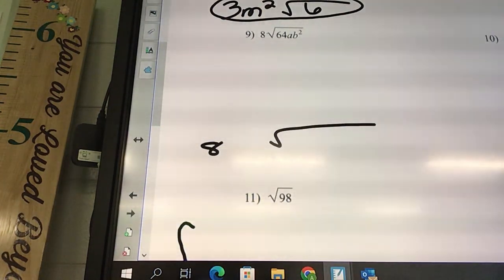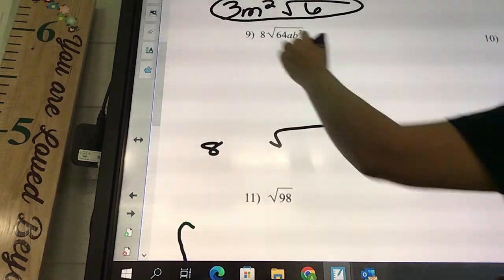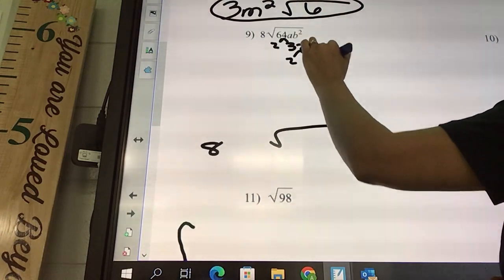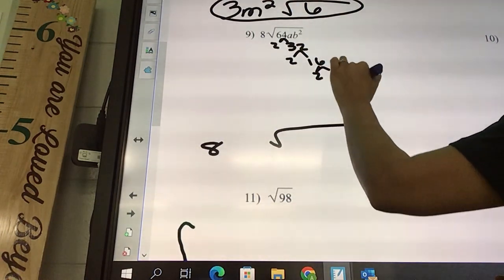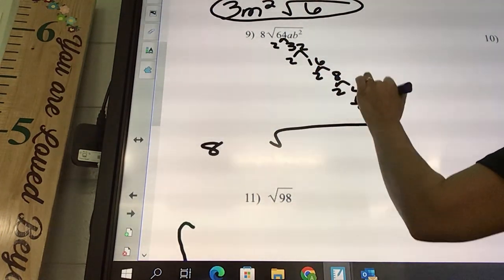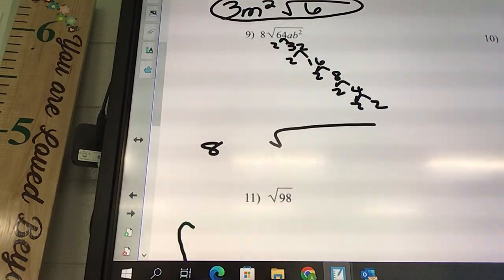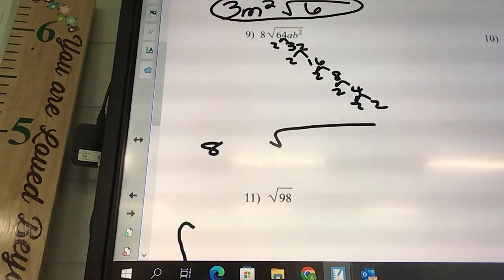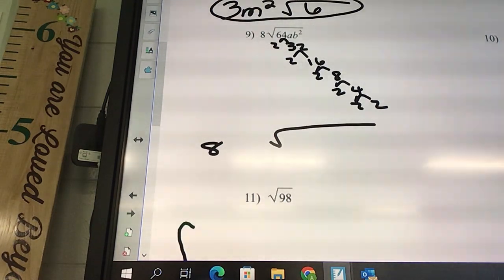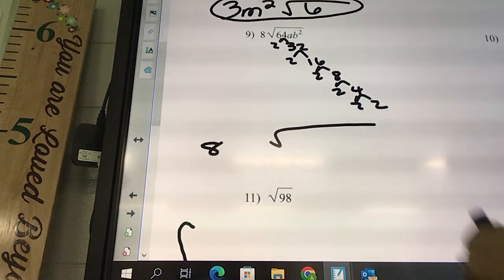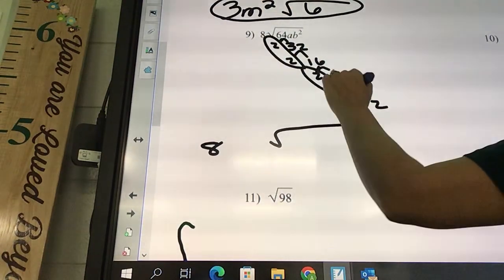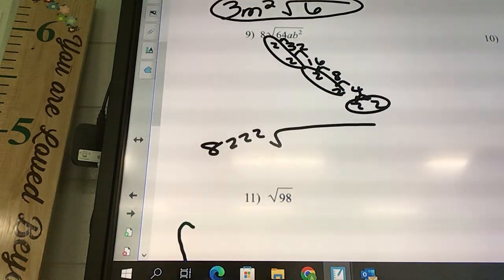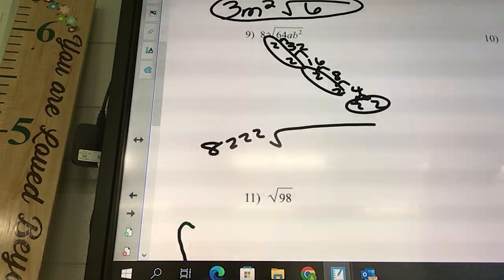What are some factors of 64? 2 and 32, 2 and 16, 2 and 8, 2 and 4, 2 and 2. Okay, how many groups of 2s can go? 1, 2, 3. Who cannot go? Everybody can.